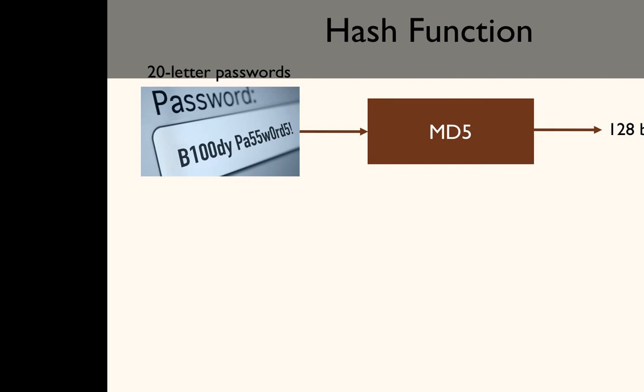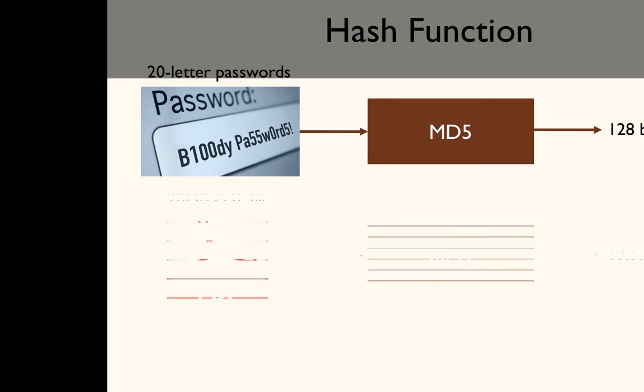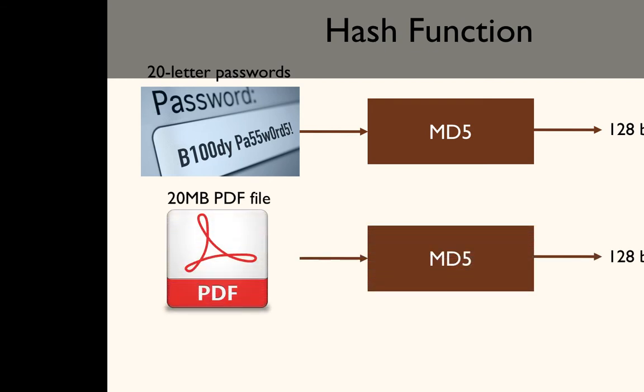So, for example, in this case, the website will use MD5 to hash your 20-letter password, and also they can use MD5 to hash your PDF file. And this digest becomes a signature of this file.